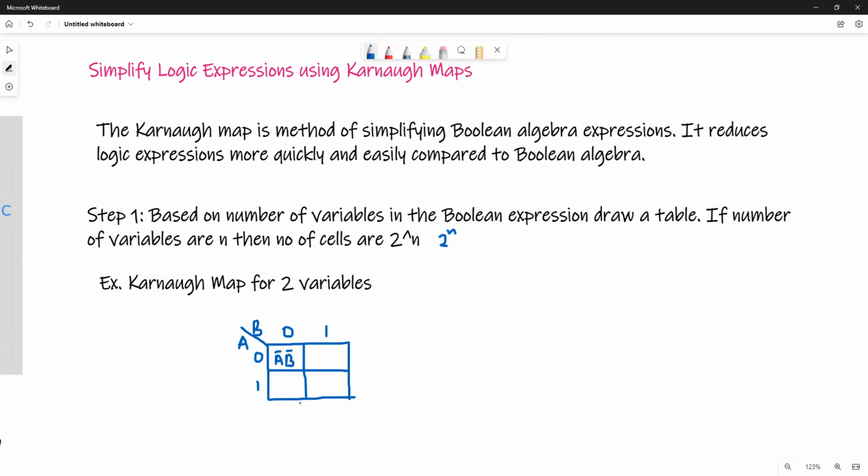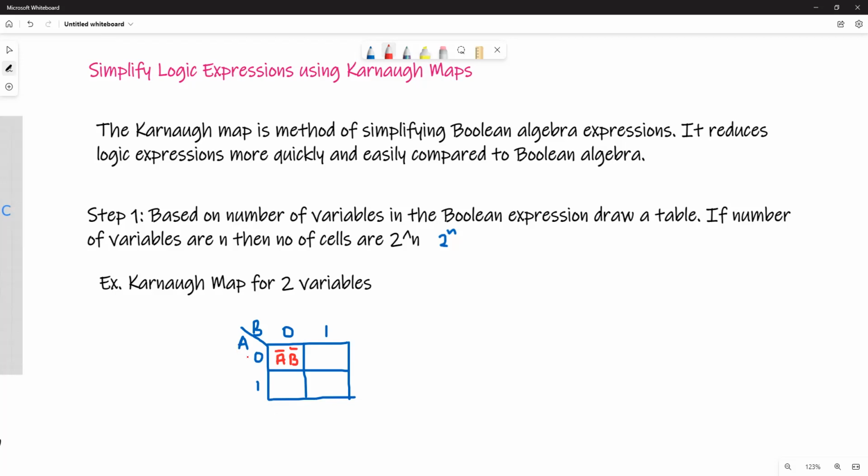Maybe I will use a different color. So this cell represents the value A bar B bar.